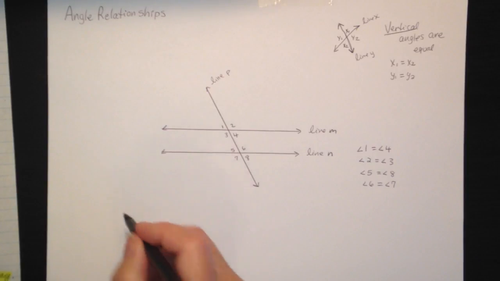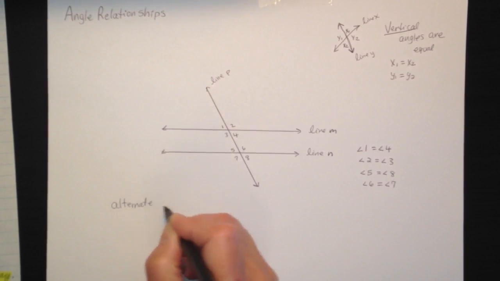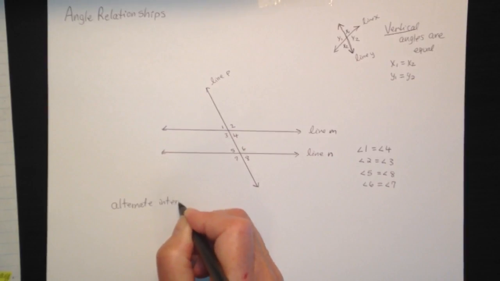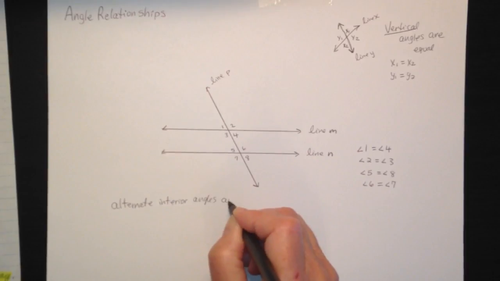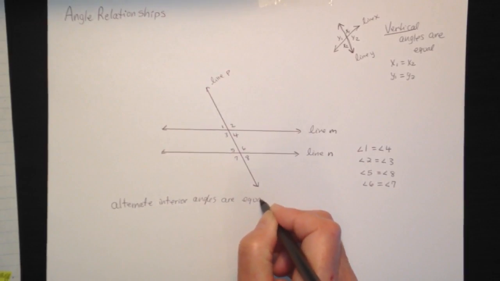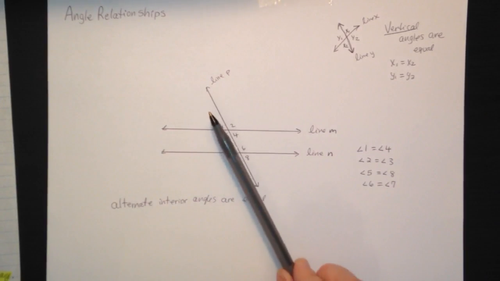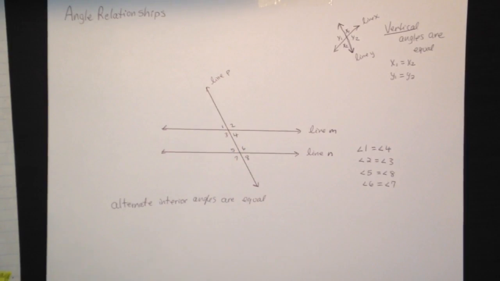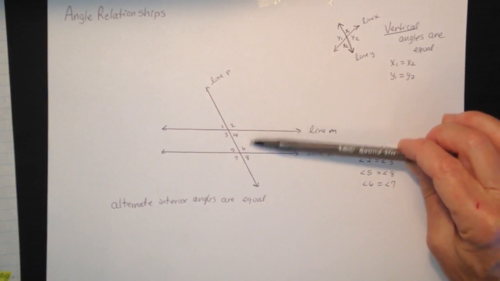Alternate interior angles are equal. Alternate means they're on alternate sides of the line P. These angles are on an alternate side than these angles. Interior angles means that they're inside of these two parallel lines. Inside this area right here makes them interior.